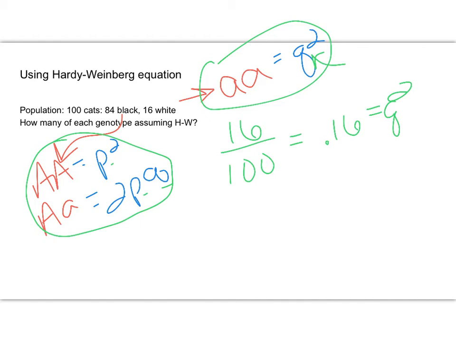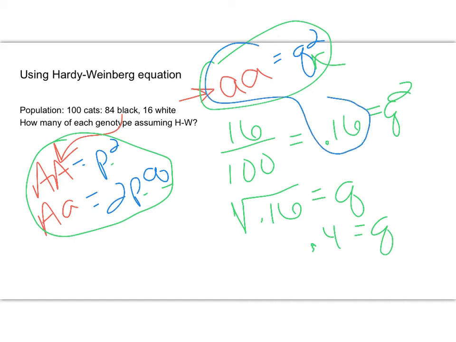If I know q squared, now I can take the square root of that, and I can find q. So now I know the frequency of the homozygous recessive genotype is 0.16, right? And I know the frequency of the recessive allele is 0.4.